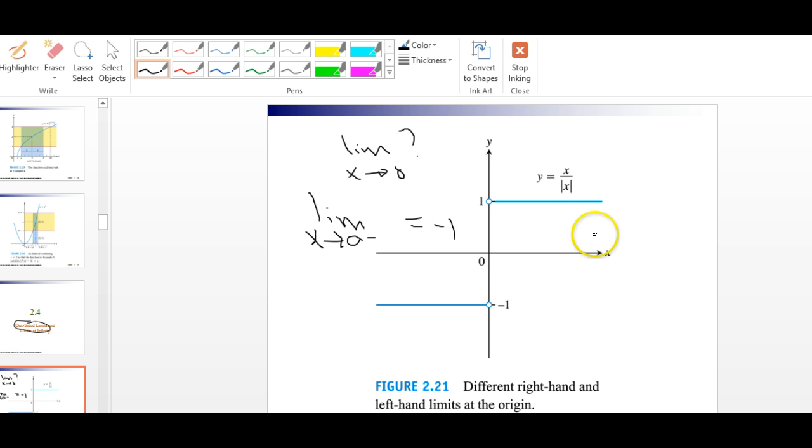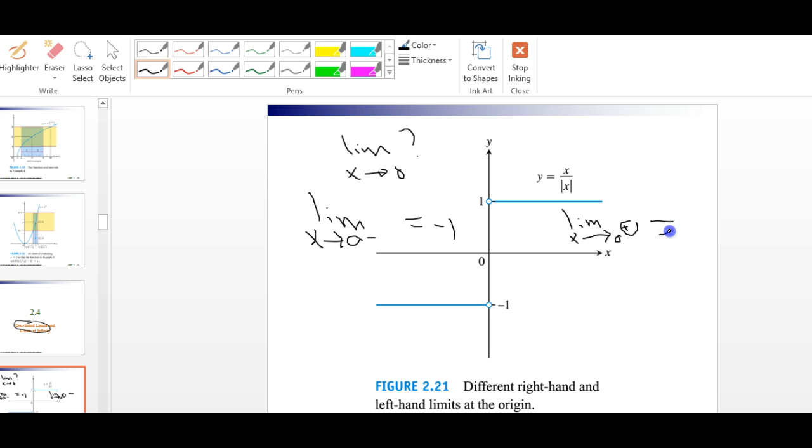Likewise, if we are approaching from the right, what's the limit? The limit is positive 1. So how do we write that one? Limit as x tends to 0 from the right. So we have a 0 plus, not plus 0 or minus 0, but 0 plus. 0 plus means we are approaching it from the right.